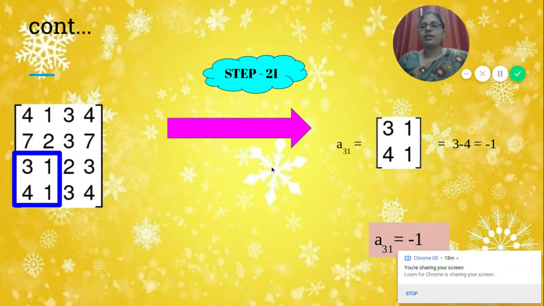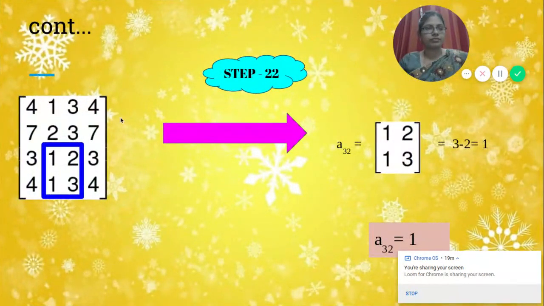To find my A31, I have taken the 2 cross 2 matrix 3, 1, 4, 1. 3 1s are 3 minus 4 1s are 4, that is equal to minus 1. A31 is equal to minus 1. To find my A32, I have taken this 2 cross 2 matrix 1, 1, 2, 3. 3 1s are 3 minus 2 1s are 2, that is equal to 3 minus 2, that is equal to 1.